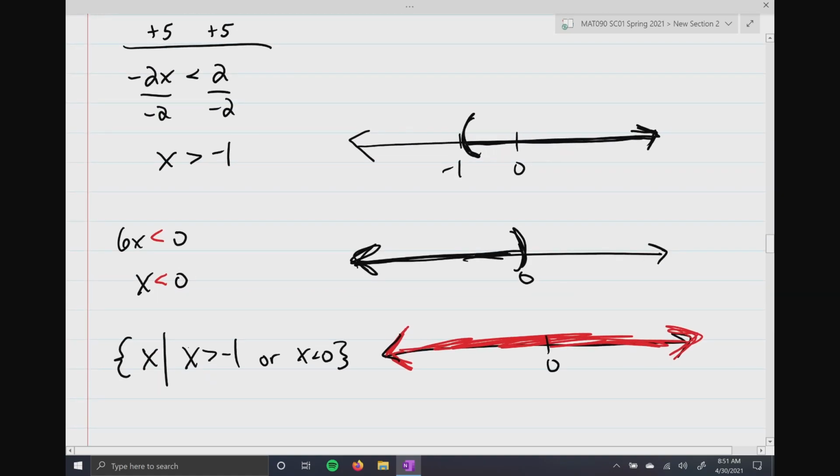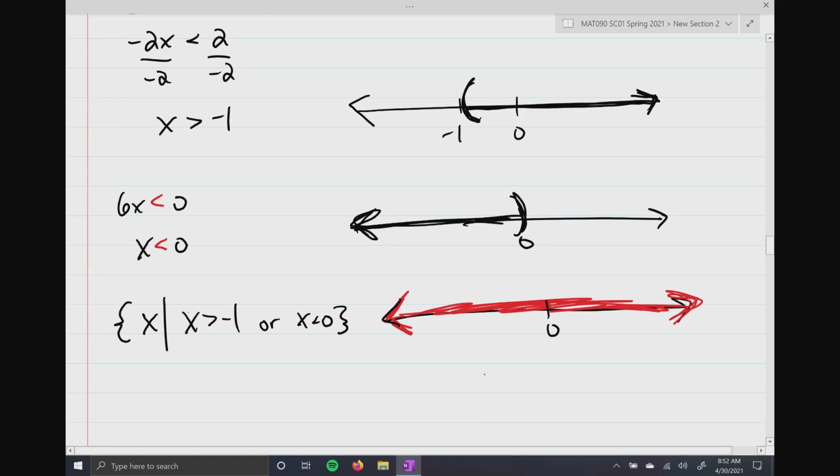You've got to satisfy at least one or the other or both. So with the overlap here, I satisfy both of these inequalities at the same time. Doesn't matter what number I pick. So my solution in interval notation is going to be negative infinity to positive infinity, which is all real numbers. Okay? Are there any questions there?